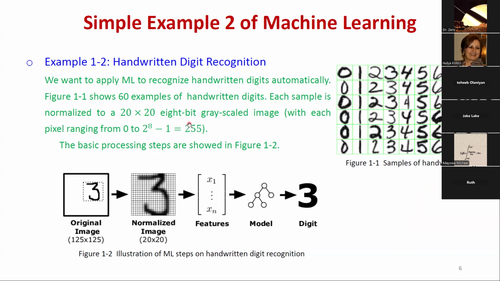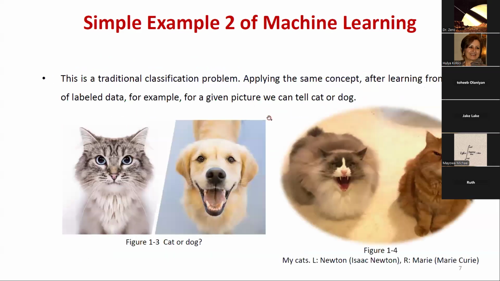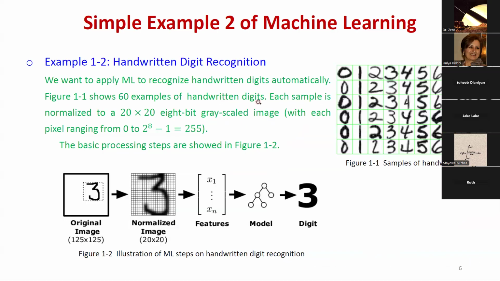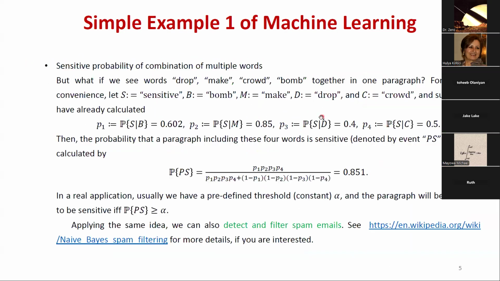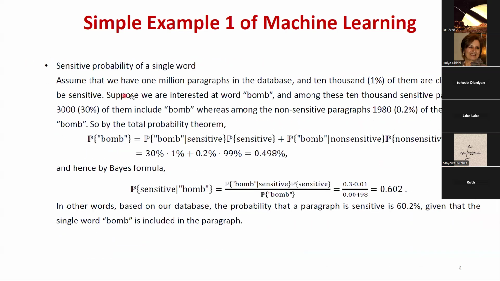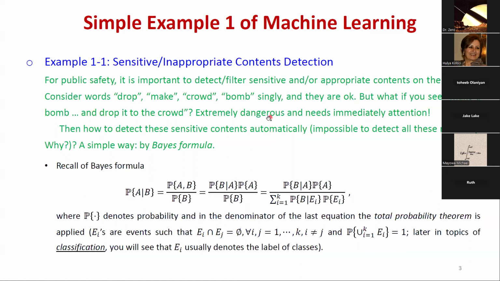Okay, so this is the second introductory example. And example three is here. It's a more general case of classification. Like in example one, based on the training data, I'm going to give you a new paragraph, which for example includes these four words, and I'm going to ask you whether it's sensitive or not.